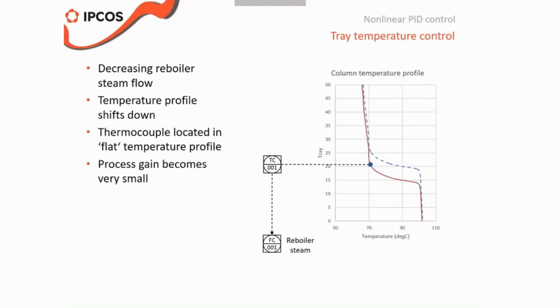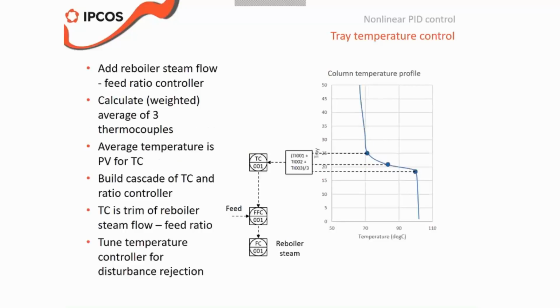If I would do something similar but now decreasing the reboiler steam, you will see a response like this. Now the temperature profile shifts down, and once again the thermocouple reaches the flat temperature profile, and once it's there, it's not going to change anymore. So same question again, how can we improve performance?